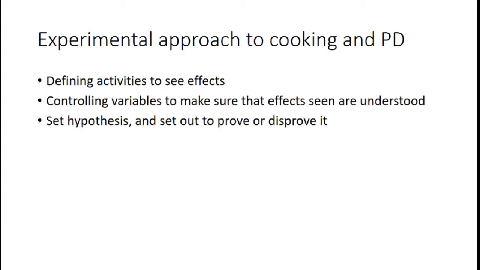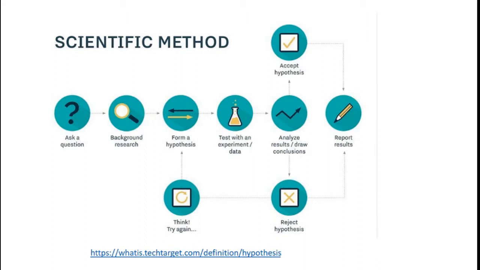Last but not least, thinking about hypotheses. Again, a hypothesis is a question that using an experiment you can either prove or disprove. You likely have studied the scientific method at some point if you've ever studied science before. And really, the scientific method is just about having a deliberate process about asking questions and coming up with responses.